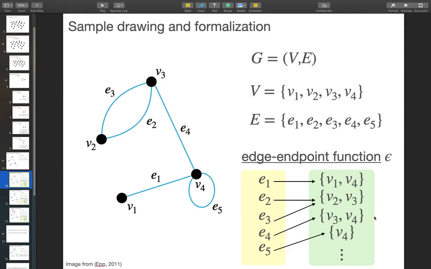Tapos, ano naman yung codomain? So, diba, this will describe yung mga kinoconnect na vertex ng isang edge. So, your codomain will be your set of subsets of V having size equal to 1 or equal to 2.